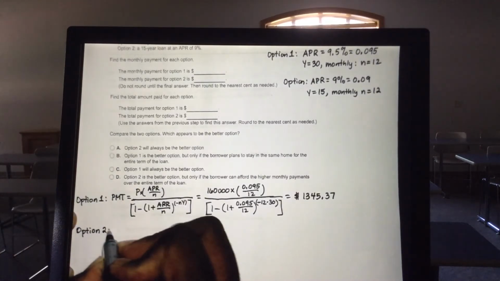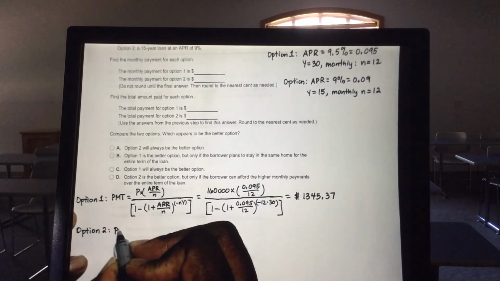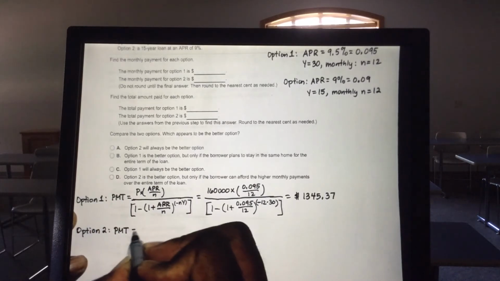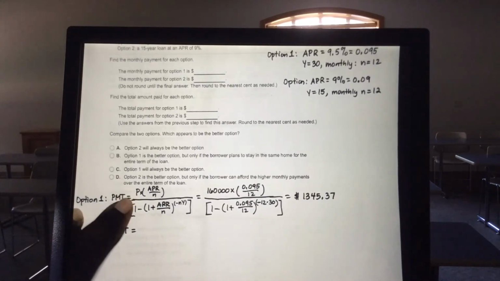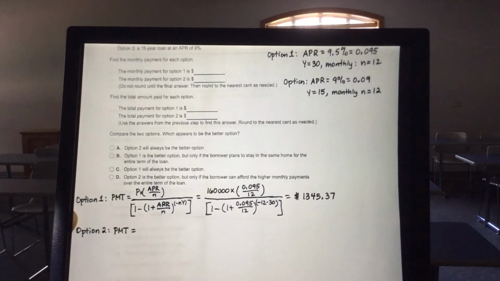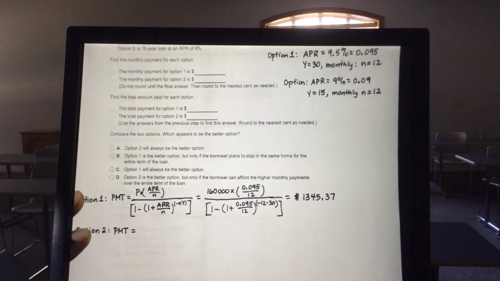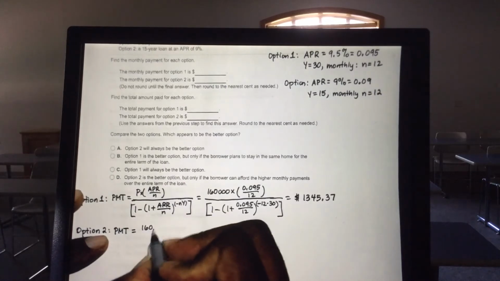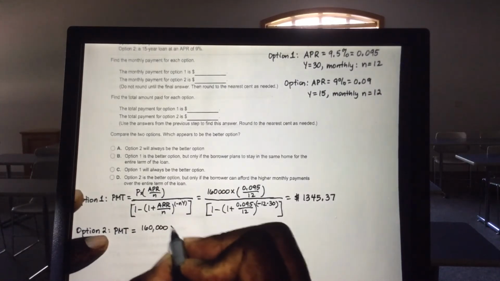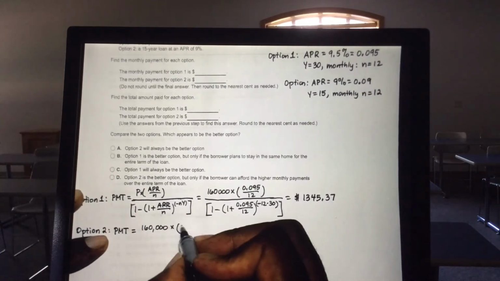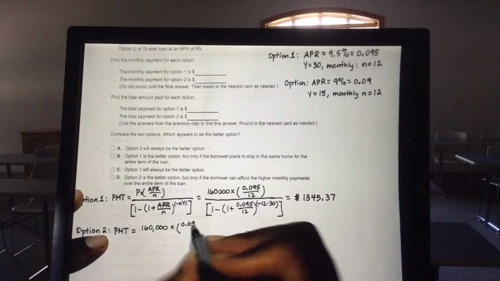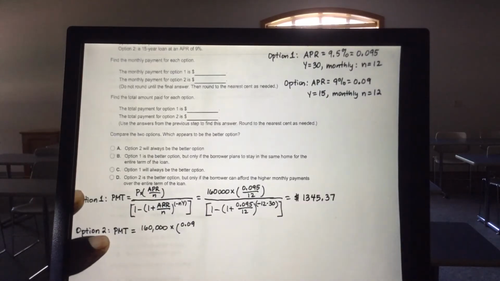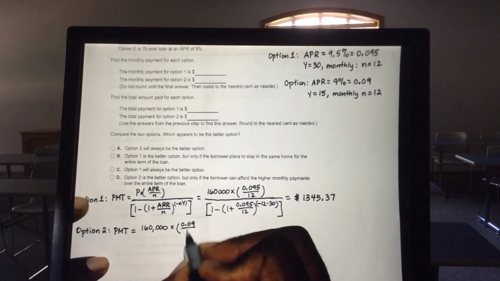Option 2, we're going to use the same formula here, but we're just going to substitute a few different values. That P will still be $160,000 times 0.09 for your APR, divided by N, that's going to be 12.